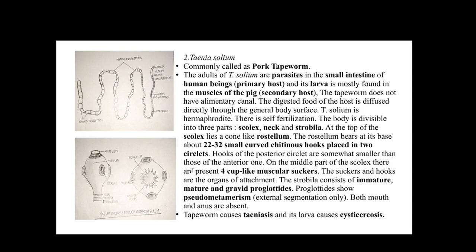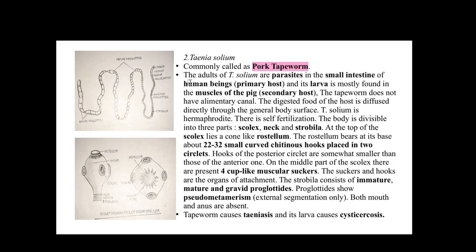Now talking about Taenia solium, this organism is very important. It is commonly known as either pork worm or tapeworm. Why tapeworm? Because they look like a tape. In this diagram you can see that they totally resemble the shape of a sellotape.